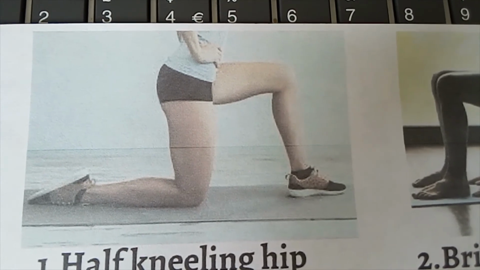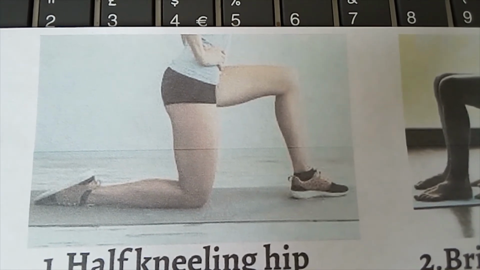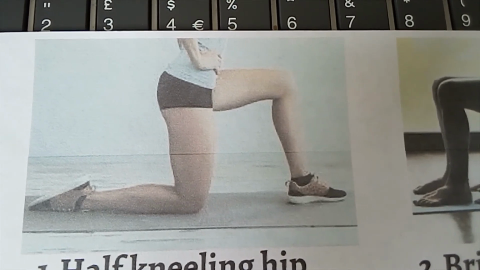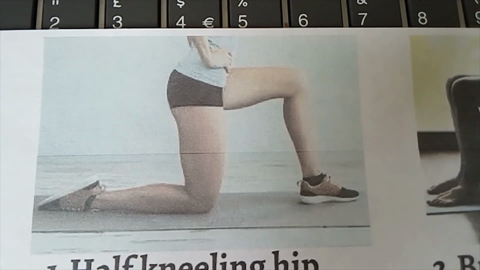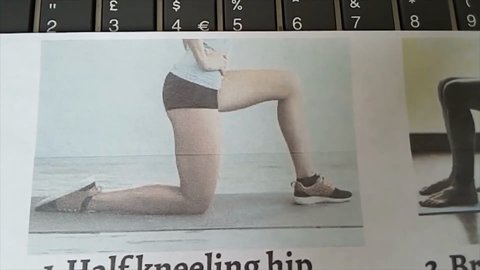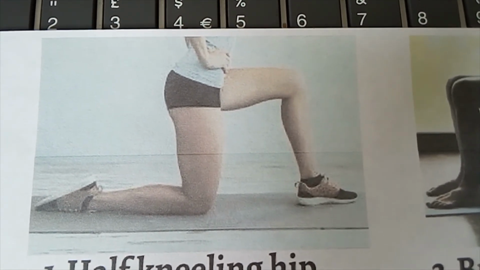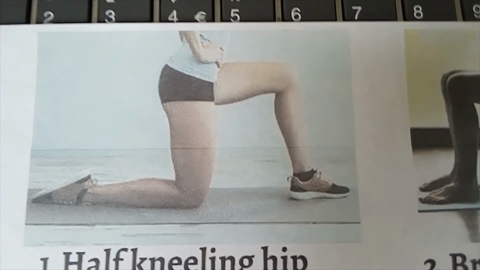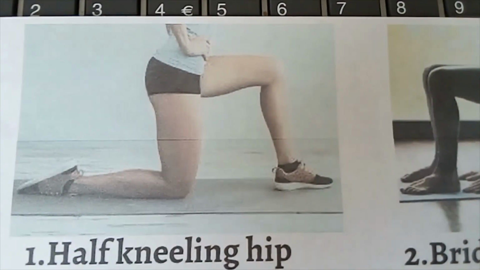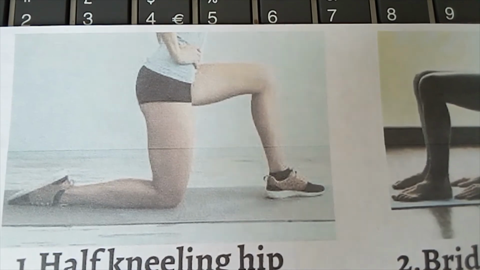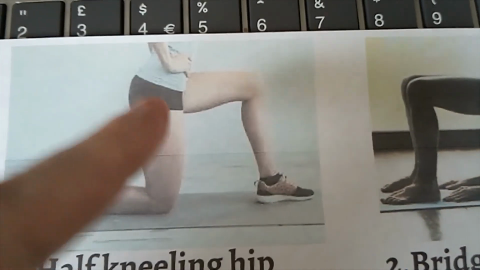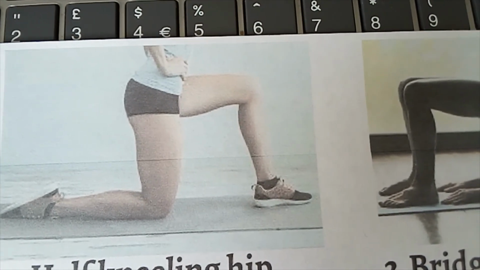This is assuming that you have a tight hip flexor on the right side. So you're going to step forward with the left leg and lunge until that right knee is resting on the ground. And so the left leg should make a 90-degree angle at your knee.